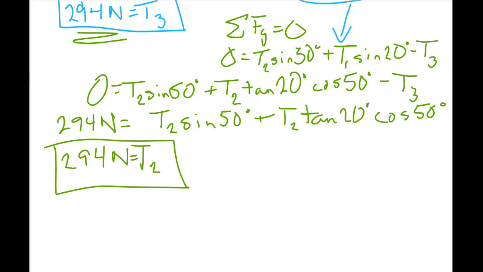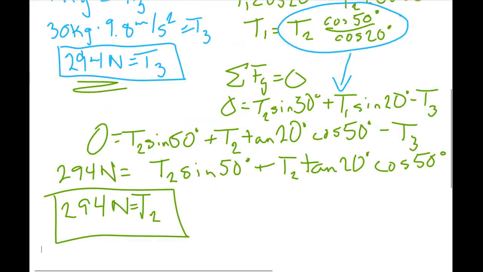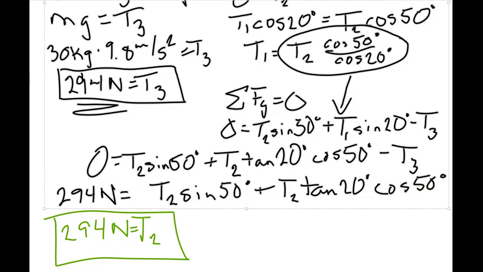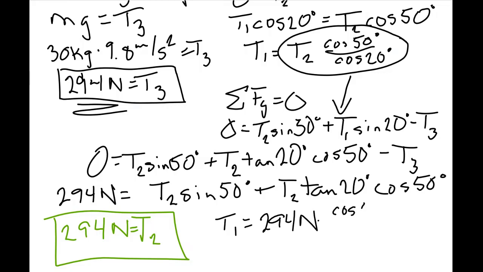And now we're going to take this value and plug it into this equation up here and find T1. So T1 equals 294 newtons times cosine of 50 degrees divided by cosine of 20 degrees. And we find that T1 is equal to 201 newtons.